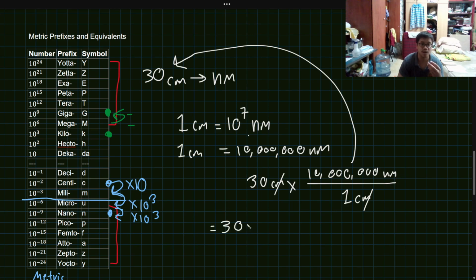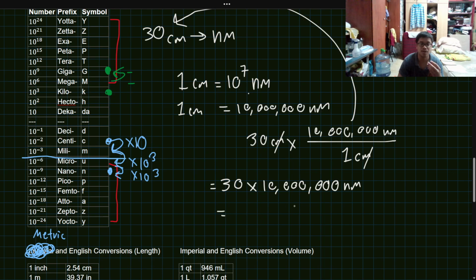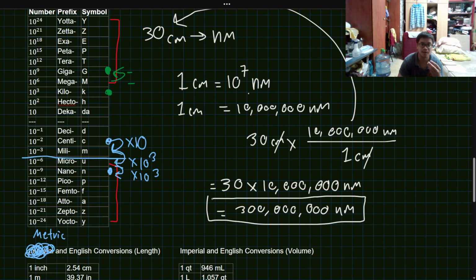What's left is 30 times 10 million nanometers. Multiplying 30 to this huge number, the answer would be 300 million nanometers. That is your answer: 30 centimeters is 300 million nanometers.